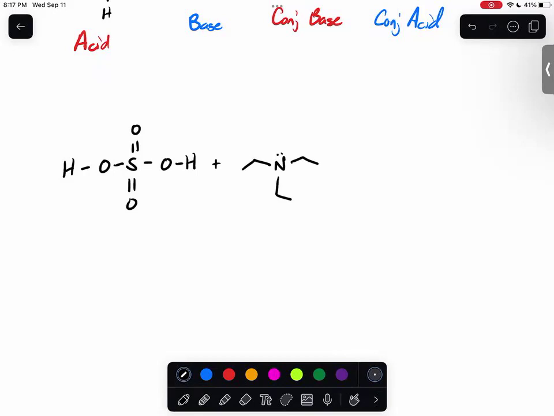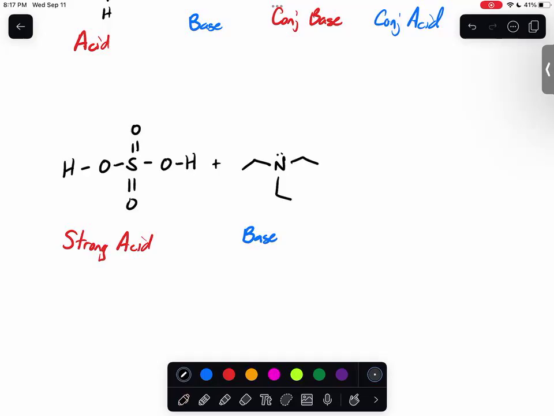So the question is, which is our acid and which is our base? Well, for those who remember your strong acids, this over here is a strong acid. It is sulfuric acid, H2SO4, so we know without a doubt that is going to have to be an acid. That means that this structure here must be our base.